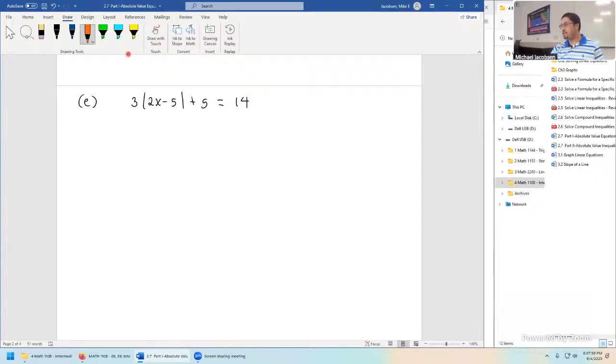The first step we want to take is to isolate the absolute value of 2x minus 5. Wherever the absolute value portion is in your problem, we want to get that totally alone on one side of the equation or the other. We'll keep ours on the left-hand side. So I'm going to recopy this line just so we know what equation we started with.